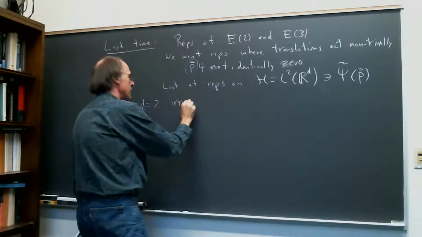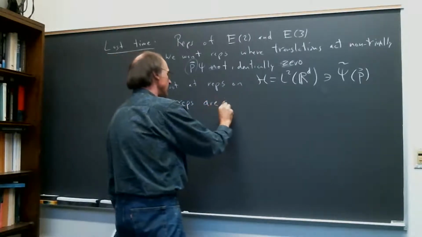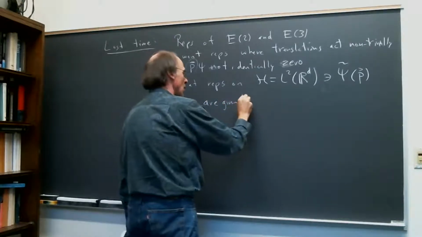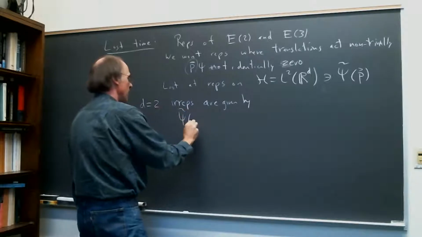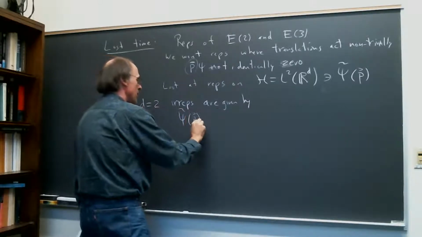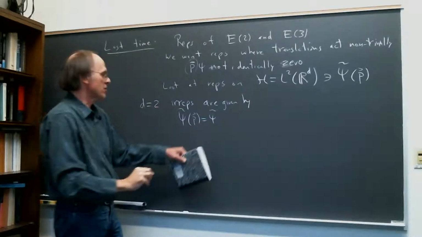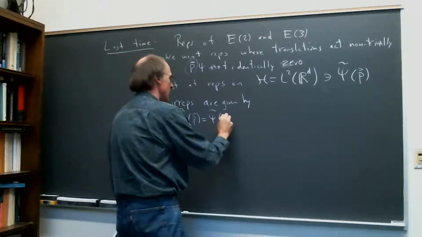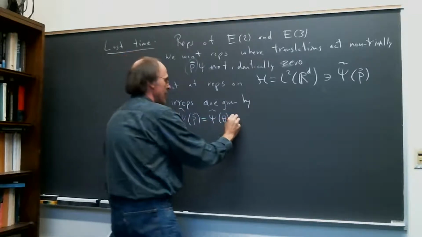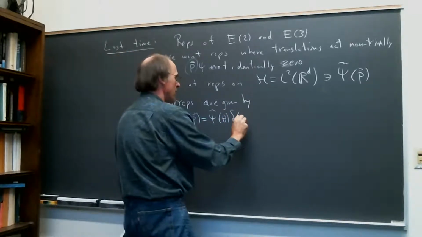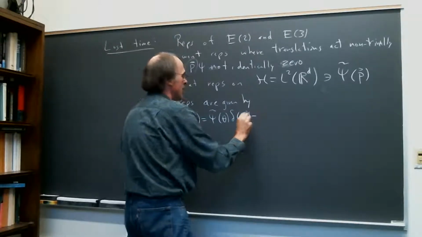So the irreducible representations are given by, let's say, psi tilde of p vector equal to some function of theta times a delta function of where the size of p vector is something.